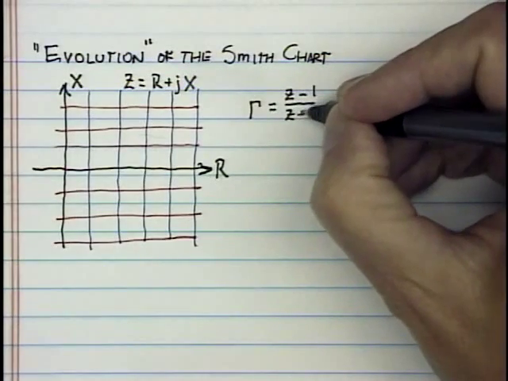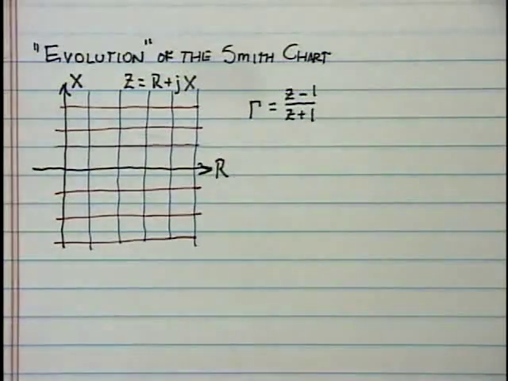I'm going to subject this right half impedance plane to the following mathematical transformation: gamma equals z minus 1 over z plus 1. Why am I going to do this? Well, the reflection coefficient on a transmission line was defined as zl minus z0 over zl plus z0.